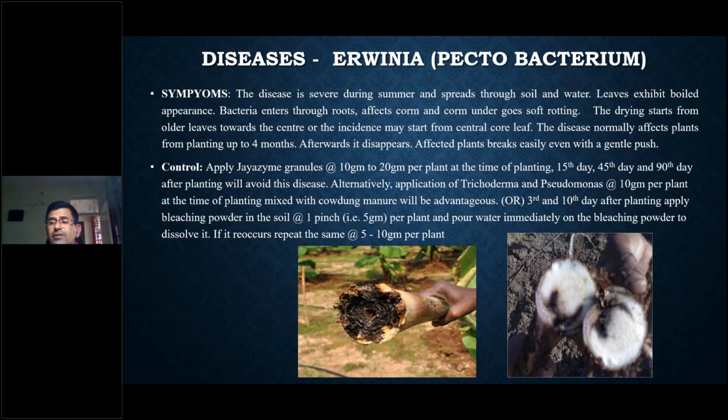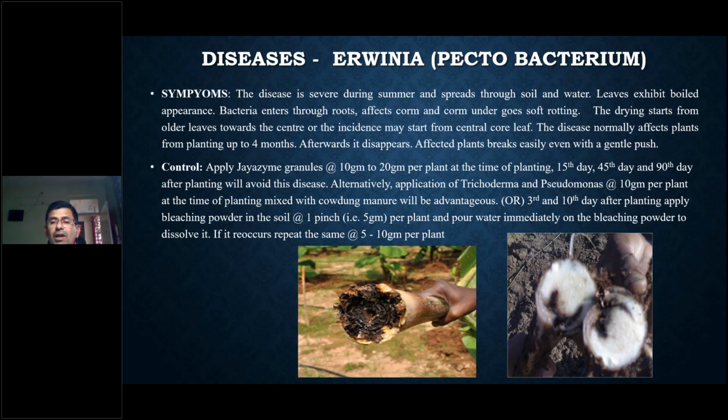Symptoms. Generally, this disease comes when you are using tissue culture plants. With suckers, generally it doesn't come. Tissue culture plants are easily affected by this Erwinia disease.